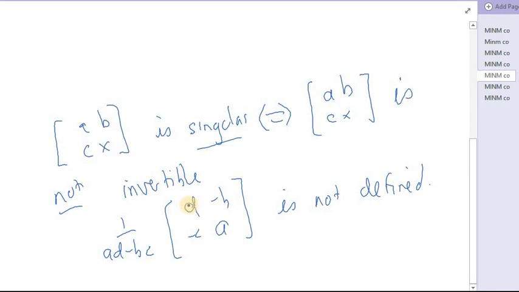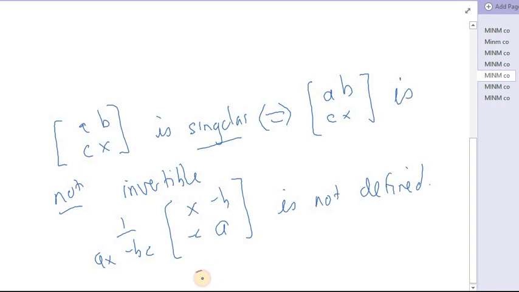I'm sorry, this should not be D. This should be X. Sorry, I'm so used to doing D there. But this is going to be X, right? Because this is the formula for the inverse of this matrix. So if I can define the inverse using this formula, then ABCX will be invertible. So if it's not invertible, I can't define this formula.